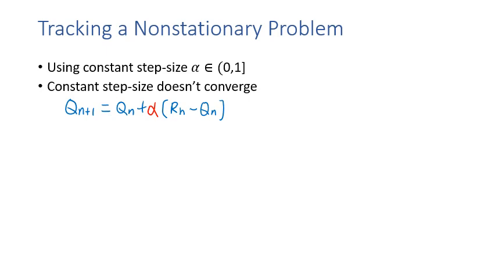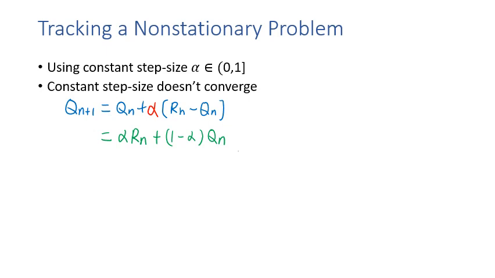So we can now derive the new update rule. Now we have alpha Rn plus 1 minus alpha Qn, right?